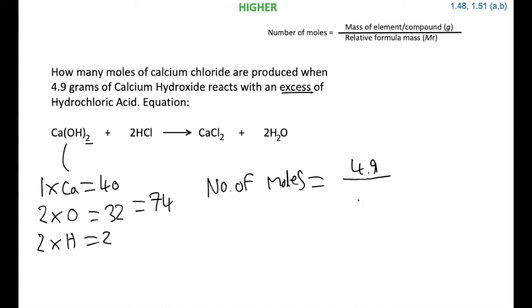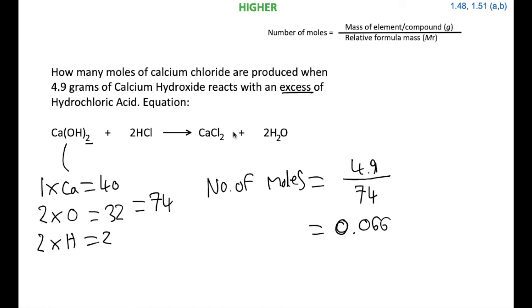So 4.9 divided by 74 is equal to 0.066. So we know that this many moles of calcium hydroxide reacts.